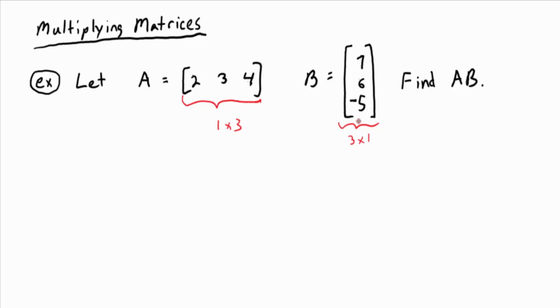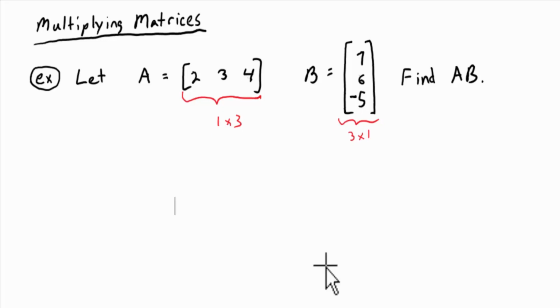And this is how we create all matrix multiplication. We reduce it to a row times a column. So we're going to take A, the vector 2, 3, 4, times B, the matrix going down, 7, 6, -5. Usually we write it out: 2, 3, 4, there's your matrix A, and 7, 6, -5. This is a row matrix times a column matrix, and the way it's defined is there's a kind of correspondence, even though those matrices are different orders.